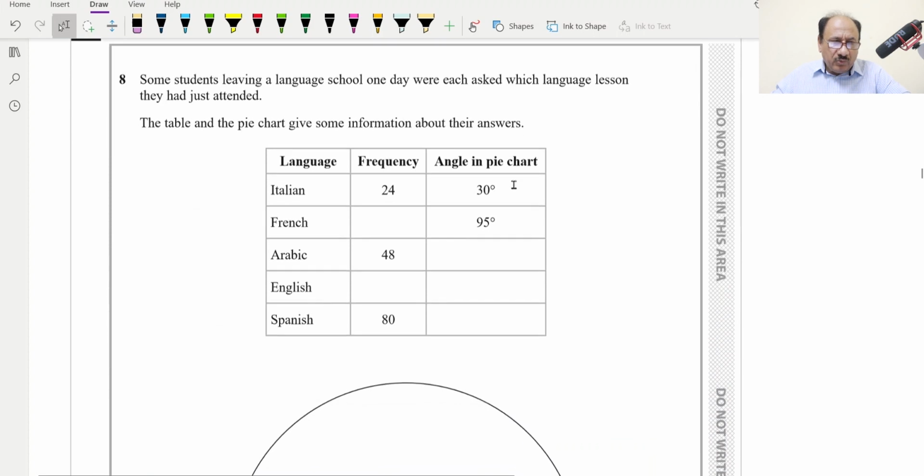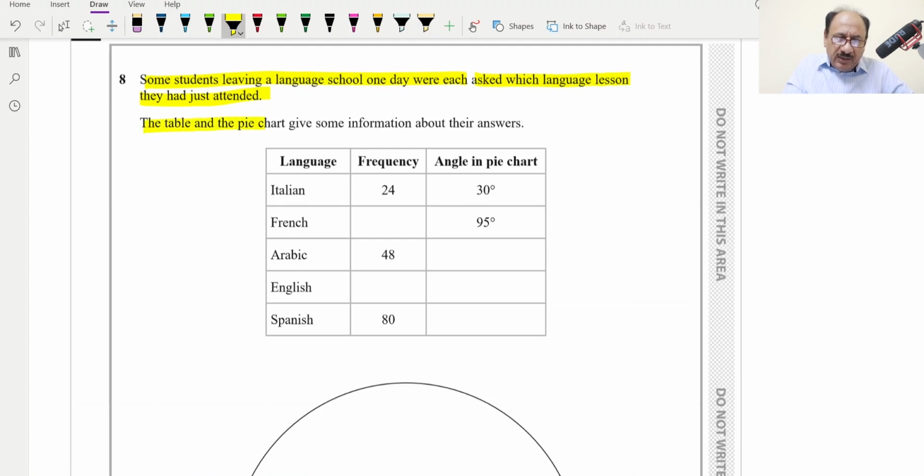Now we can move to question number 8. Question number 8 says some students leaving a language school one day were each asked which language lesson they had just attended.